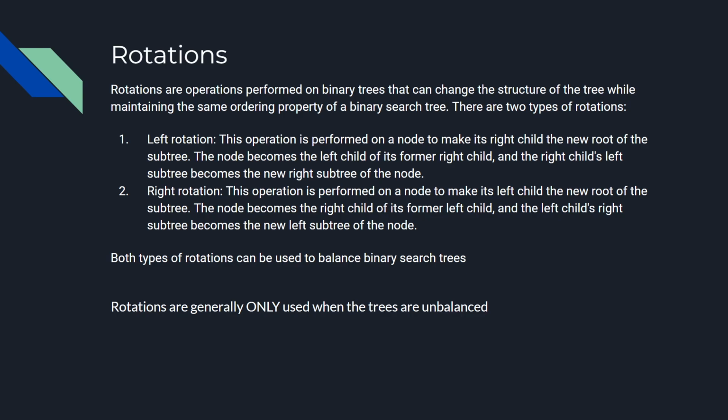First is a left rotation, where the operation is performed on a node to basically swap around a tree that goes to the right two times, where the node becomes the left child of the former right child, and the right child's left subtree becomes the new right subtree of the node. And the right rotation follows basically the exact same pattern just for the right. So that might seem a little abstract and confusing, so let's go look at some examples.